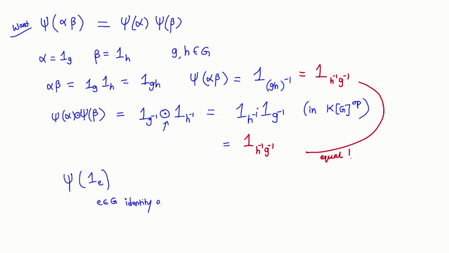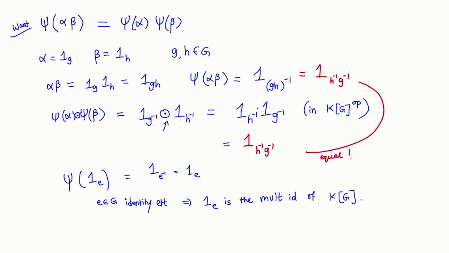So if E is the identity element of the group, then 1_E is the multiplicative identity of the ring kG. Now let's compute psi of 1_E, which by definition is 1_(E inverse), but of course E inverse is E. So psi of 1_E goes to 1_E again.